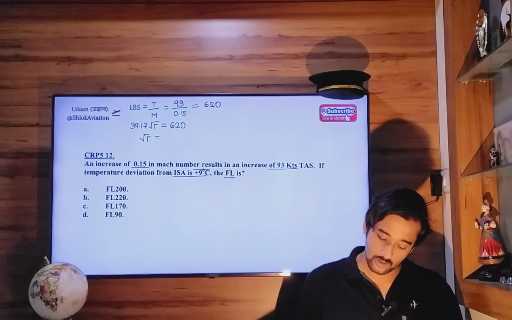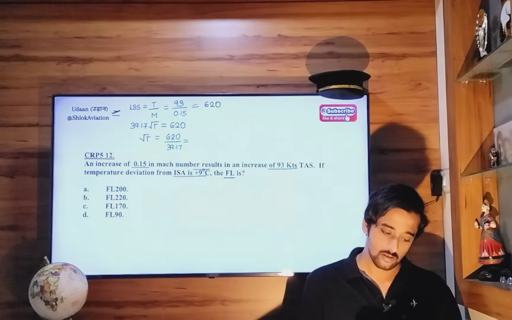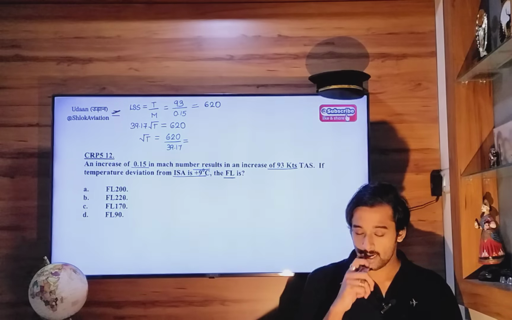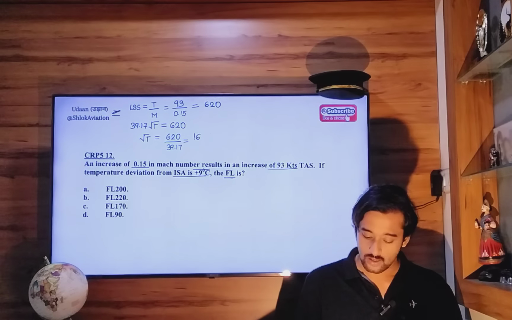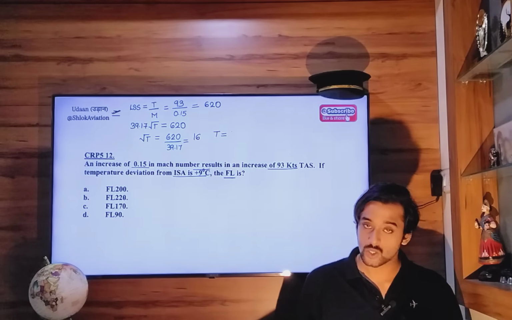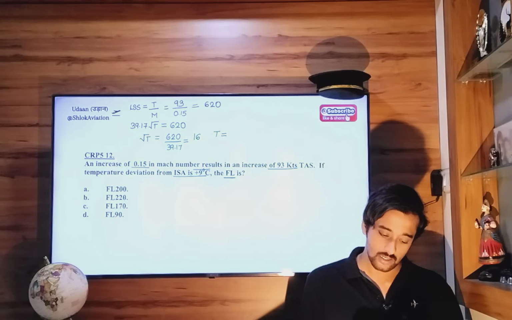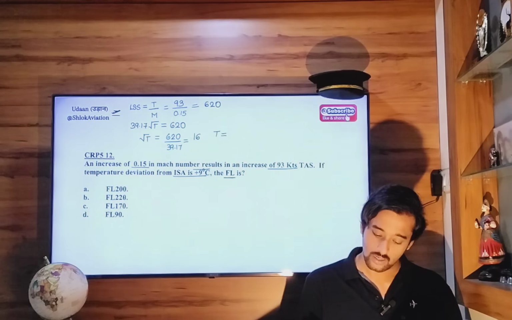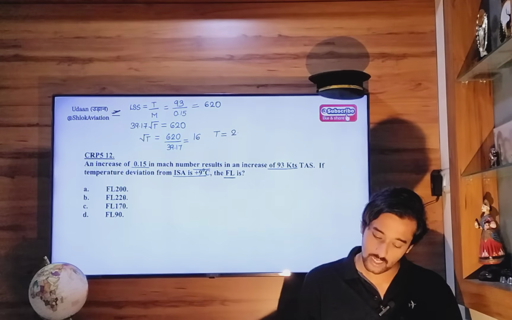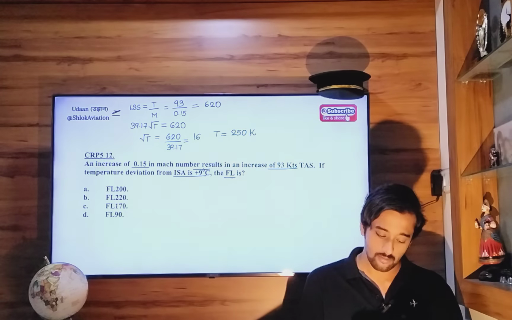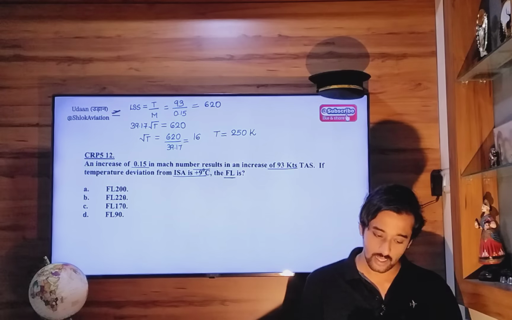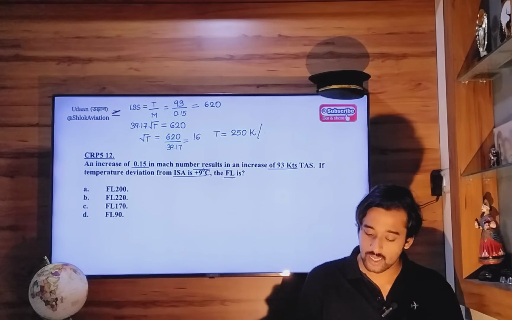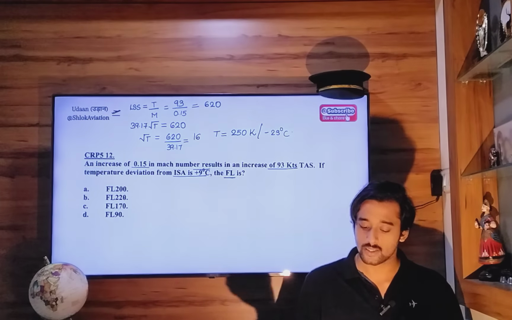So this will be equal to 620 divided by 39.17, 15.8, that is 16. So temperature will be 16 squared, right? So that is approximately 250 Kelvin. 250 Kelvin minus 273 is minus 23 degrees Celsius.